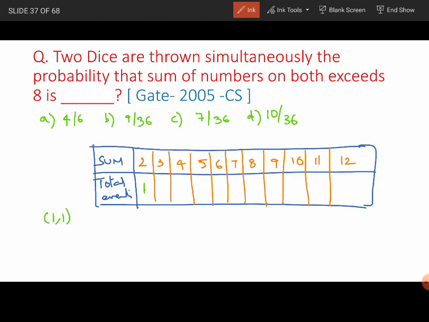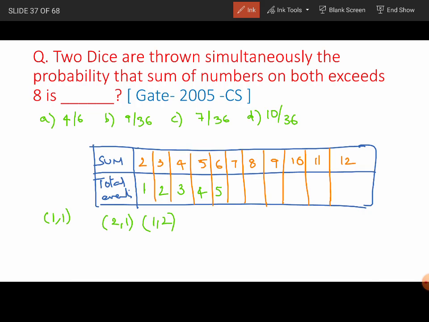And for 3, I may go with 2 1 or 1 2. So how many events? 2. And for 4 you can write this down after observing the sample space, where it is 1 1, 1 2, 1 3, 1 4, 1 5, 1 6, 2 1, 2 2, 2 3, 2 4, 2 5, 2 6.